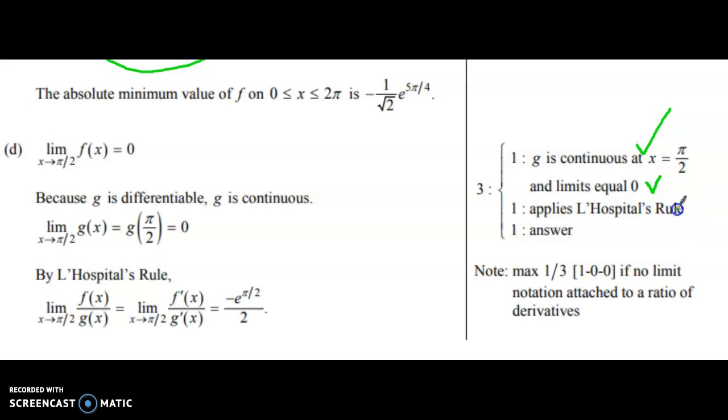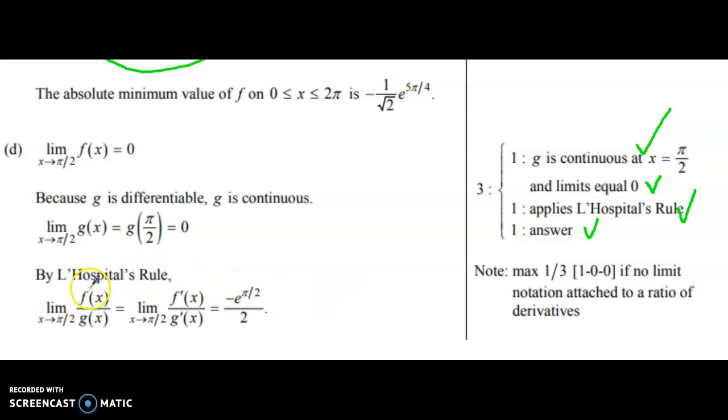Applying L'Hopital's rule is where you're taking the derivative of the numerator and the denominator, writing it as a limit statement, and then your final answer. Notice in the note, you can only get 1 out of 3 points if there is no limit notation attached to a ratio of derivatives.